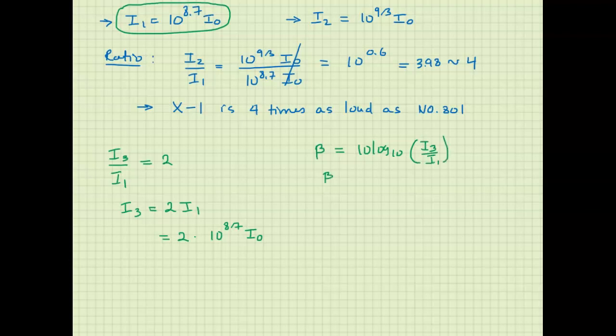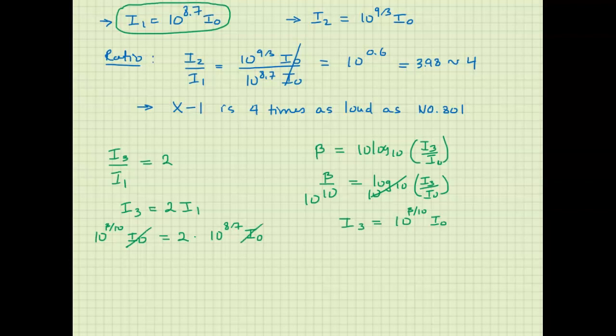If we solve this, we have beta over 10 equals log base 10 of I3 over I0. 10 to the power on both sides. We have I3 is going to be 10 to the beta over 10 times I0. Okay, so that's what we're comparing. This is 10 to the beta over 10 times I0. All right, so we're solving for beta.